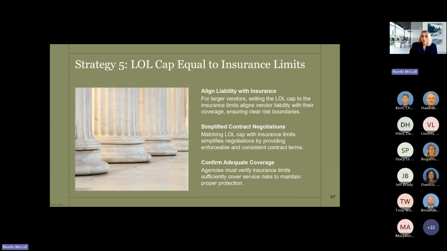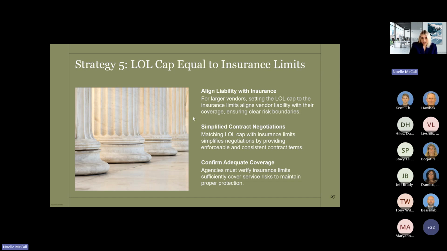Strategy 5, this one applies more to larger, more financially resourceful companies. So what this is, you set the LOL cap to equal their full available insurance limits. So this helps align the liability with the insurance. Setting the cap to their insurance limits aligns their liability with their insurance coverage, which ensures clear risk boundaries.